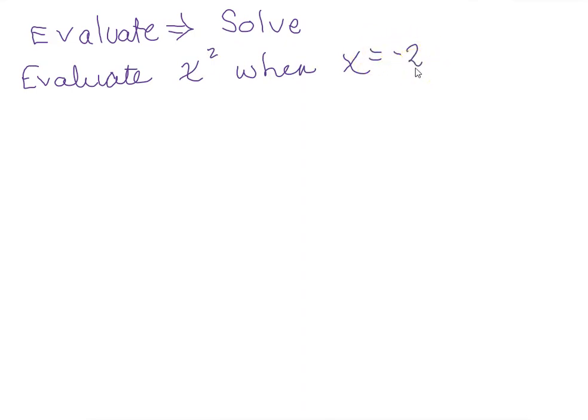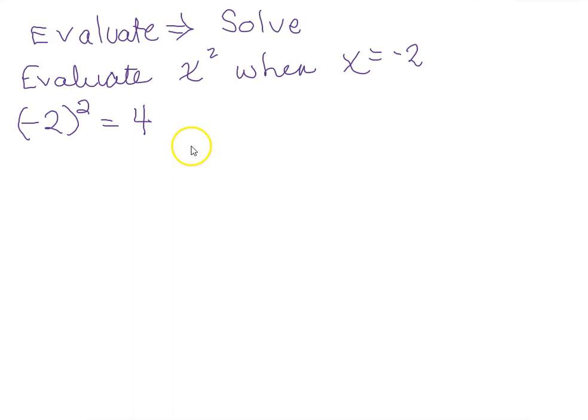So basically what we're being told to do is we're going to put the -2 in place of the x. So here we're gonna have instead of x squared, we're gonna have -2, that quantity squared. Well, -2 times -2 is going to get me a +4. So my answer here is 4.